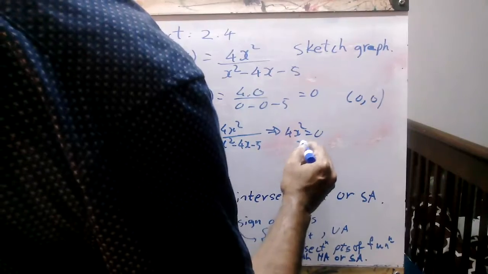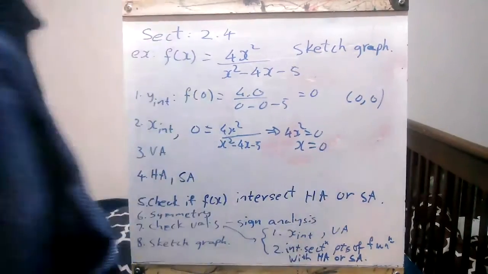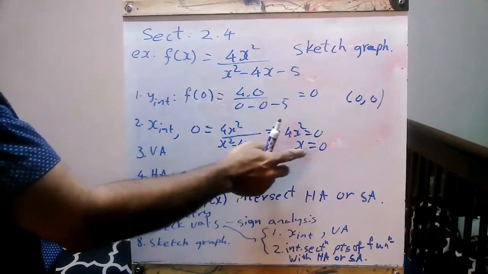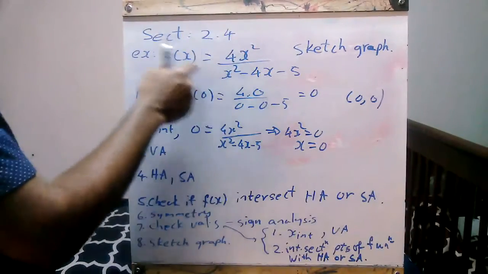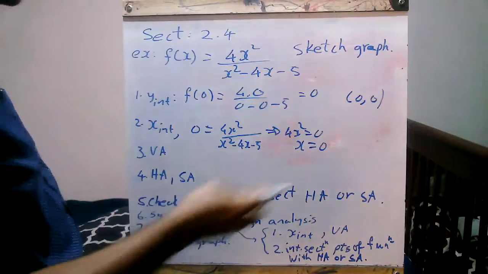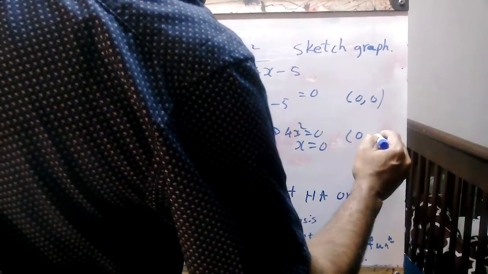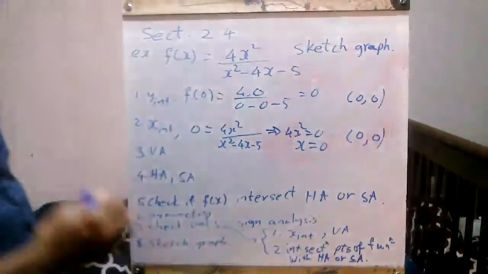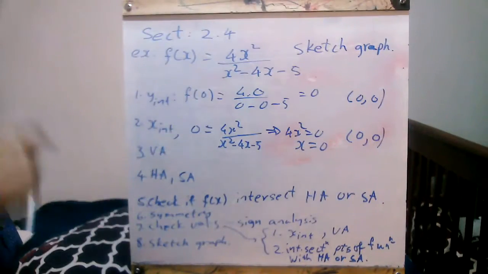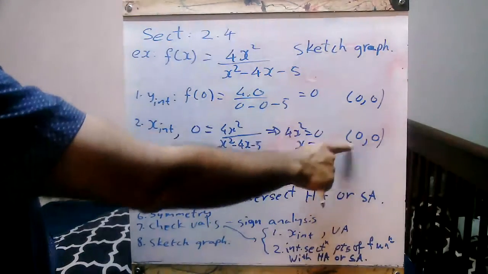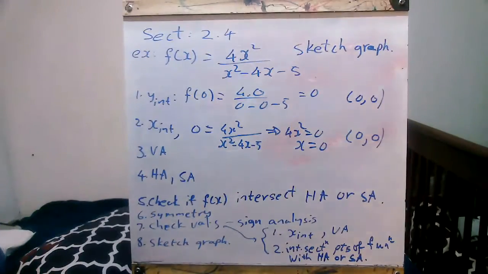This means x equals 0. Again we get the same thing. Now if you substitute x equals 0 here, again we get f(0), which means the x-intercept and y-intercept are both the same point, the origin, (0, 0).